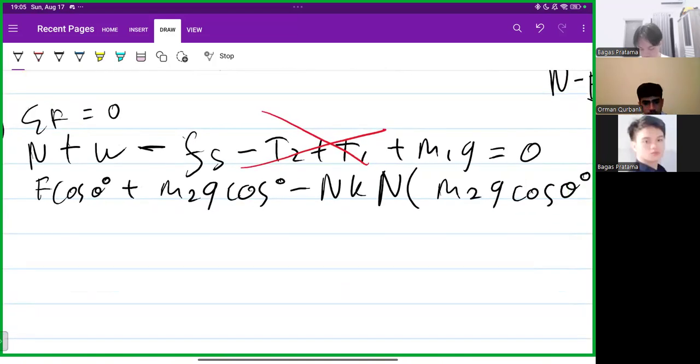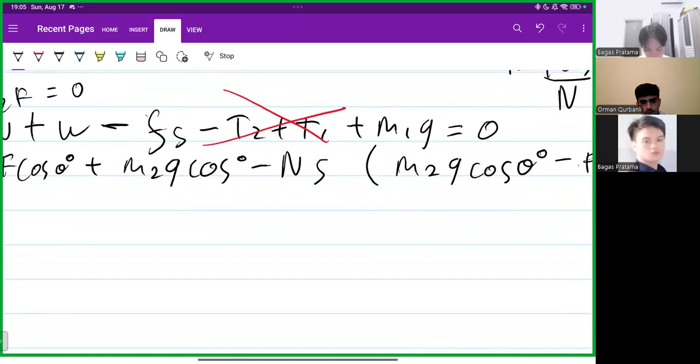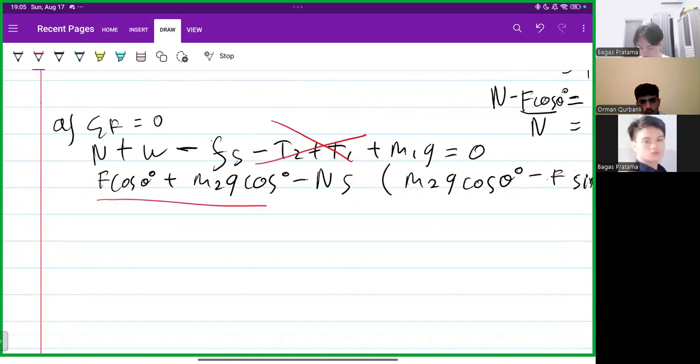So basically, this is all for the total forces.